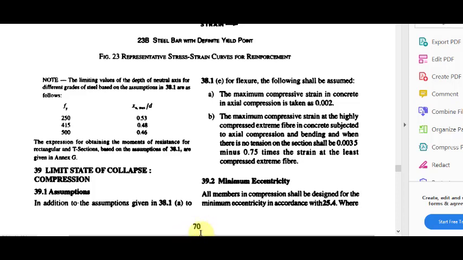Here in page number 70 of IS 456-2000, for different grades of steel, the value of xu max by d has been defined. Now we can substitute these values of xu max by d for different grades of steel to get the formula for limiting moment of resistance.